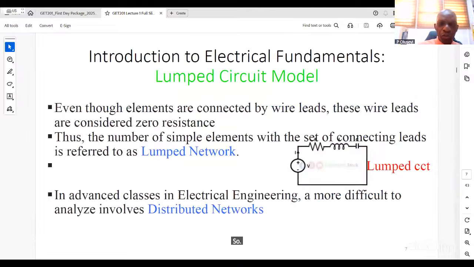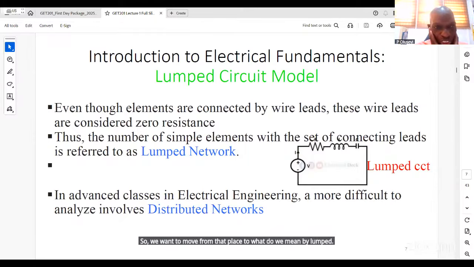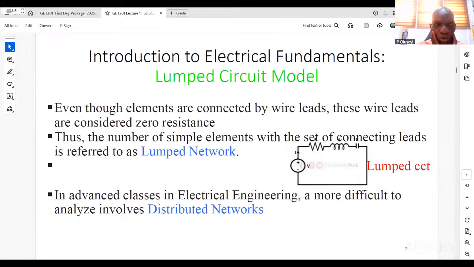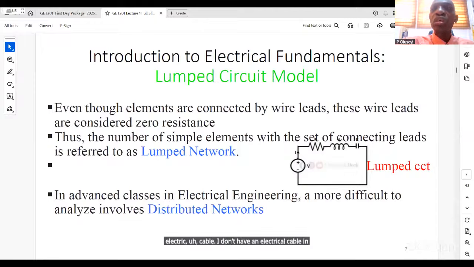So we want to move from that place to what we mean by lumped circuit model. When you take any electrical cable, I don't have an electrical cable here, but I will use my biro as an example. Let's assume this is an electrical cable.